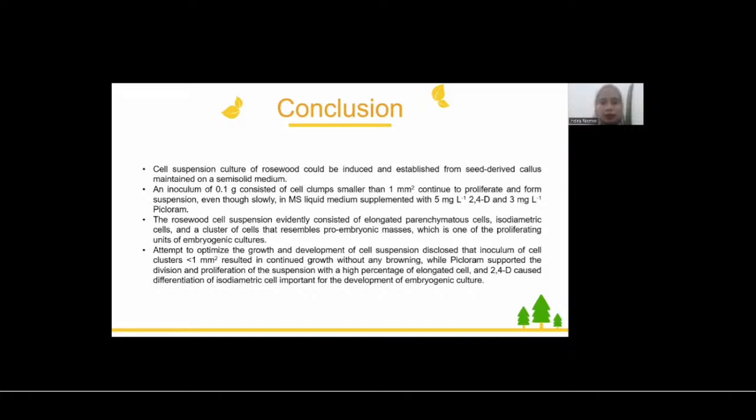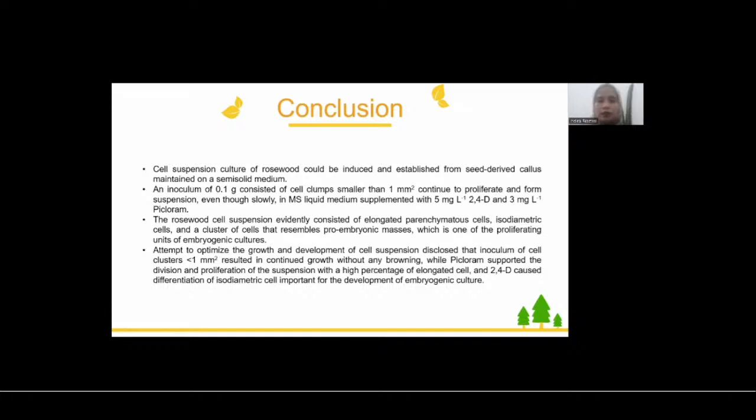The rosewood cell suspension evidently consisted of elongated parenchyma cells, isodiametric cells, and clusters of cells that resembled proembryonic mass, which are the proliferating unit of embryogenic culture.